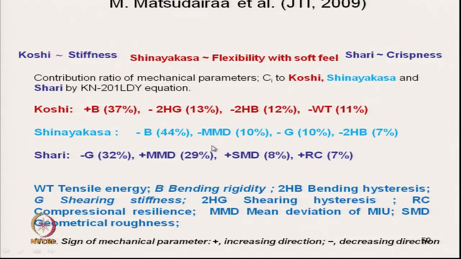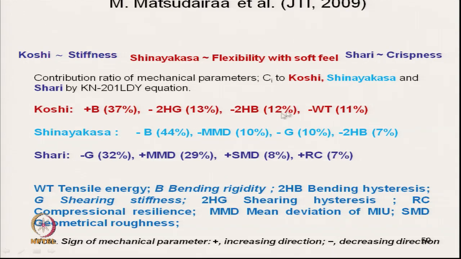Similarly, MMD value, mean deviation of mu, if it is higher, will give lower Shinai Akasha. It is also negatively related with the G value, the shear rigidity. That means higher shear rigidity will give lower Shinai Akasha value. So, higher Shinai Akasha means higher flexibility of the fabric.